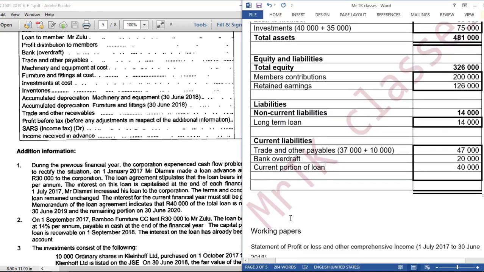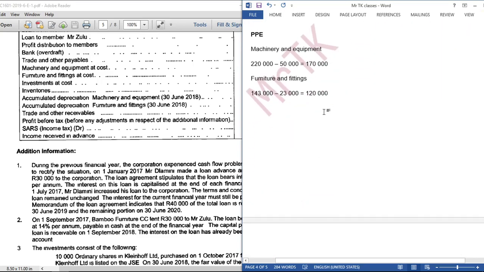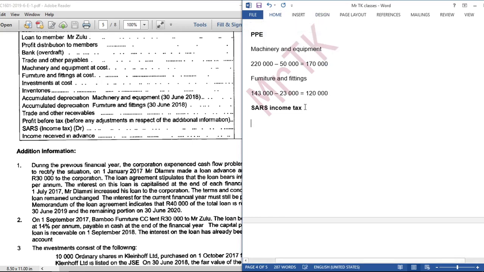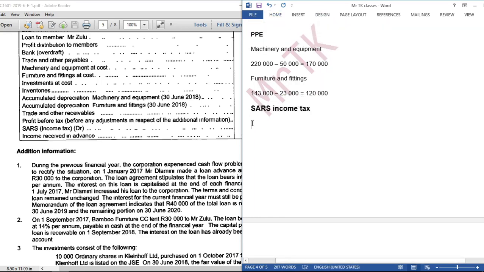I need to explain something about SARS income tax. The first thing you should know here is that it is a liability account.